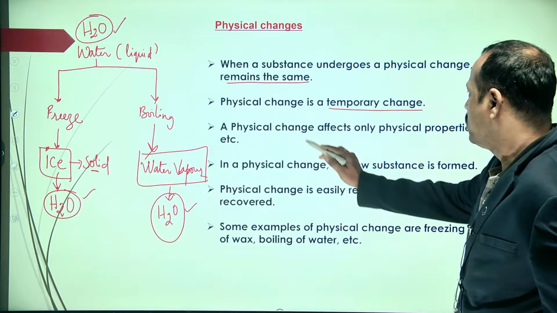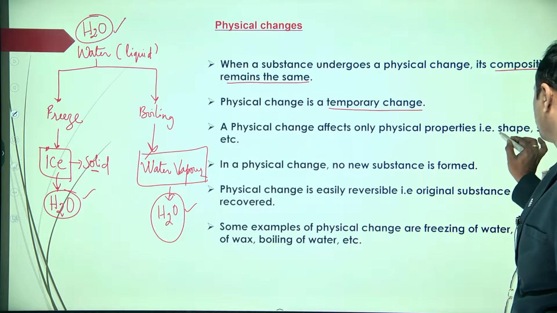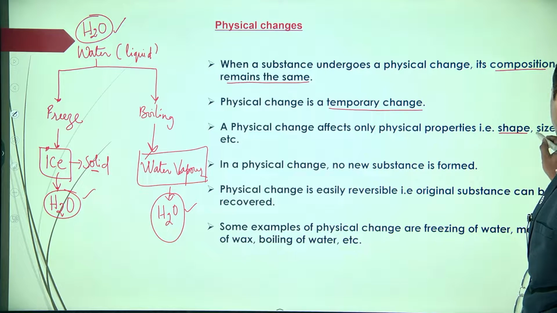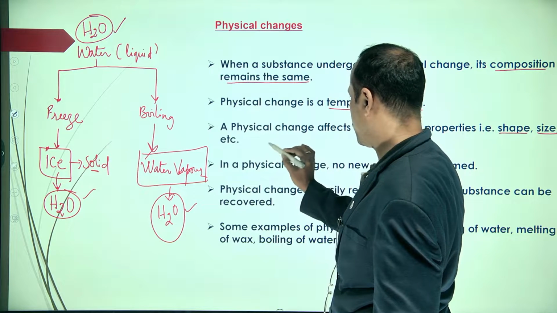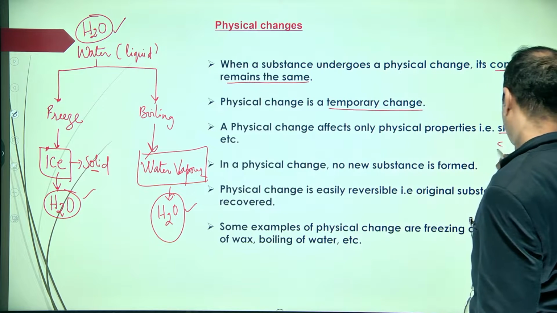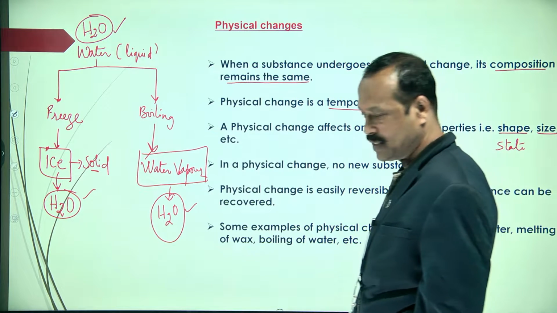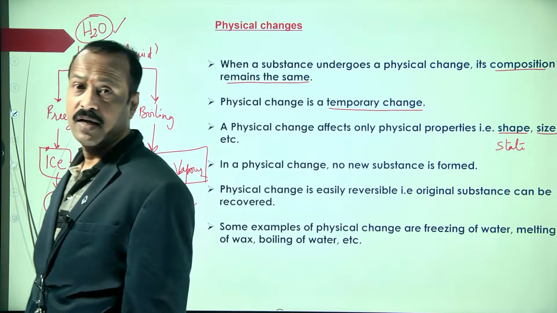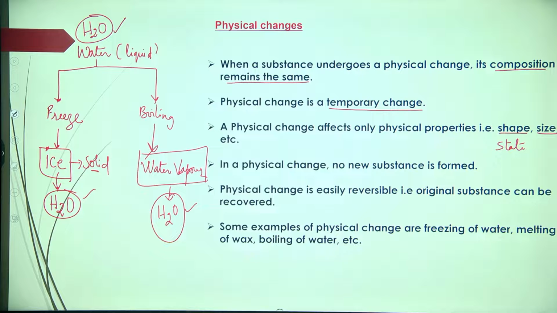Now, a physical change affects only physical properties. This is important. You can find the changes in shape, size, and state. Physical changes take place in the shape, in the size, and in the state.